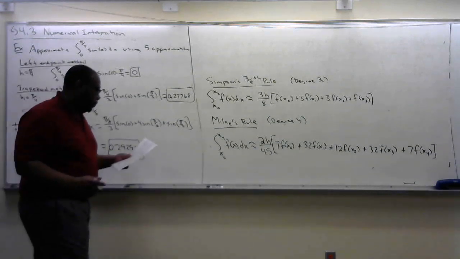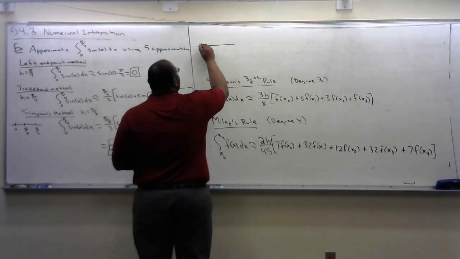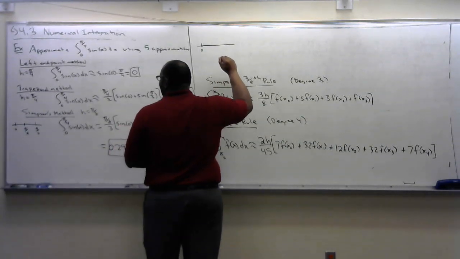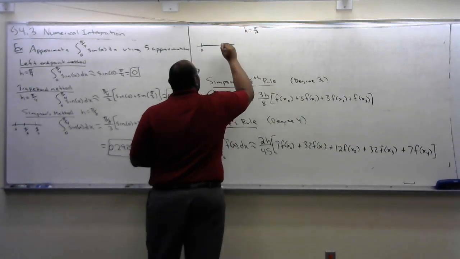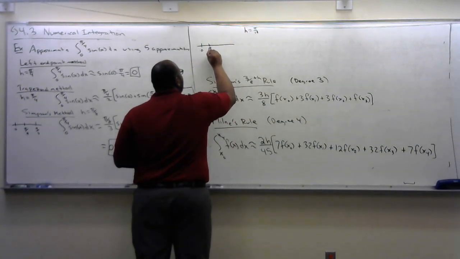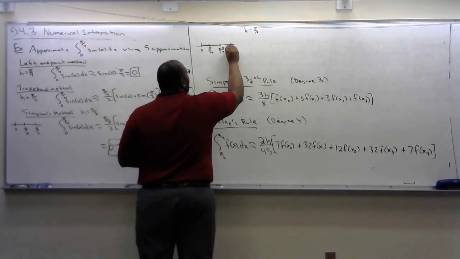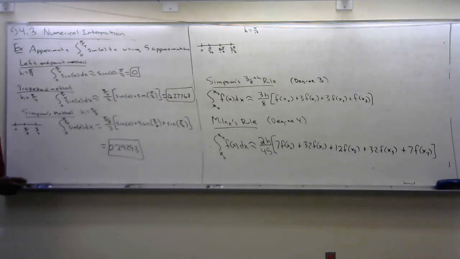For Simpson's 3/8 rule, I need to go from 0 to pi over 4. If I divide by 3, I get h has to be pi over 12. So this is pi over 12, 2 pi over 12, and then 3 pi over 12. By the way, 3 pi over 12 is pi over 4.